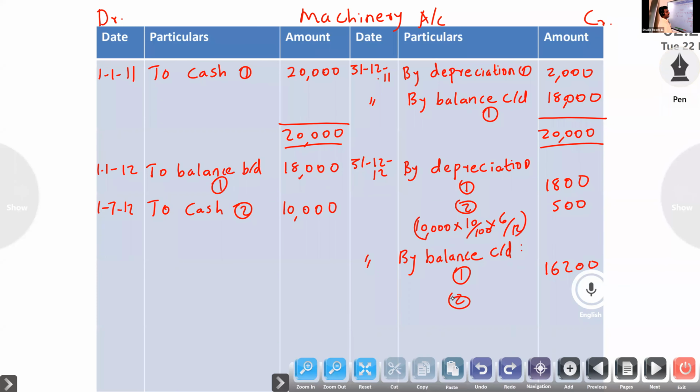Second one, 10,000 minus 500, 9,500. The debit side total is 28,000.